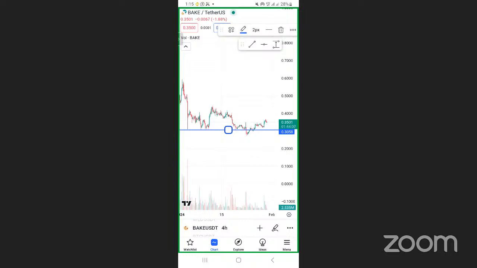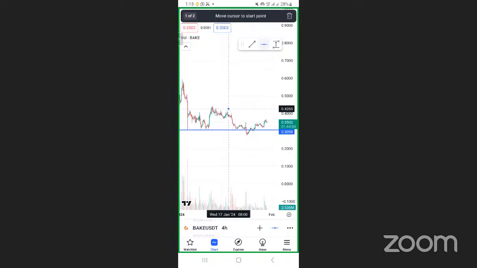Then it's also ranging between that and around here. So it can give you opportunities of entering on this line, targeting this line. This is a 4 hours time frame.